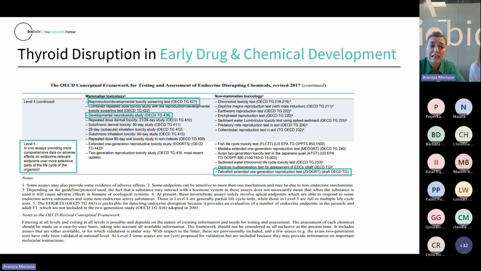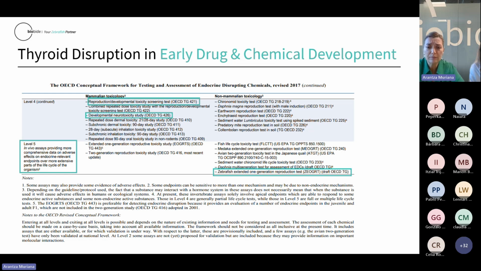And if we analyze the last level, level 5, in vivo assays providing more complementary data on adverse effects on endocrine relevant endpoints over a more extensive part of the life cycle of the organism, we finally find a zebrafish assay mentioned: the Zebrafish Extended One Generation Reproduction Test, a draft OECD guideline in 2018.